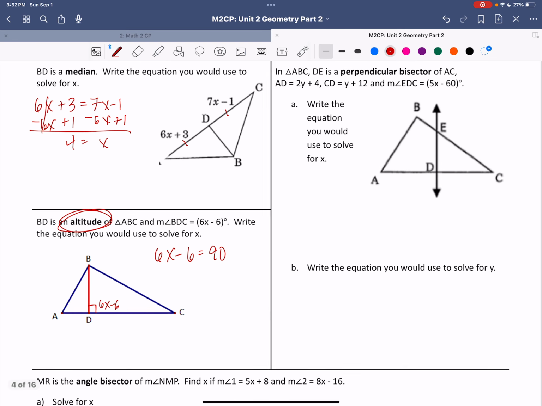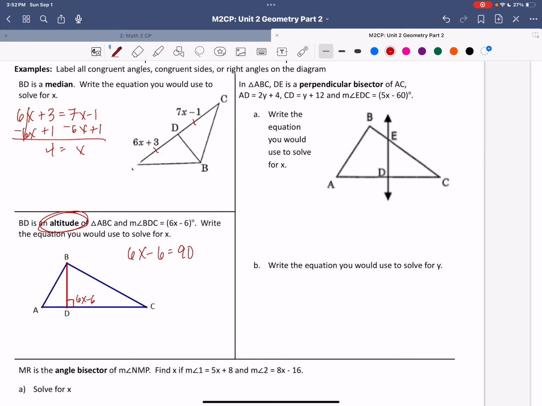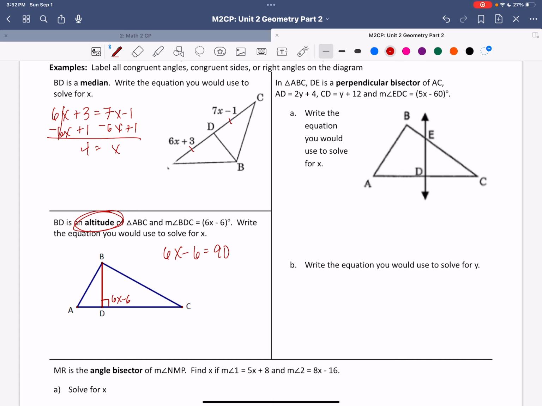All right, for this next one, so solve this. And in triangle ABC, DE is a perpendicular bisector. So perpendicular means it's going to form a right angle. And then it also means this side is congruent to this side for perpendicular bisector. Okay, so now that we know AD is 2y plus 4.